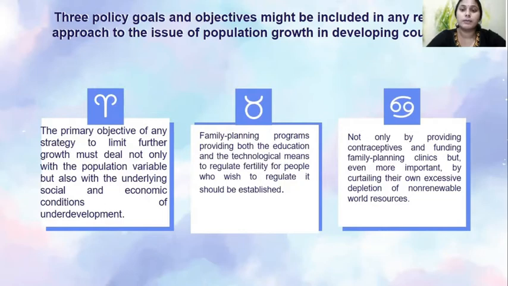The second policy is that family planning programs providing both the education and the technological means to regulate fertility for people who wish to regulate it should be established. The third policy is not only providing contraceptives and funding family planning clinics, but even more important, curtailing their own excessive depletion of non-renewable world resources.